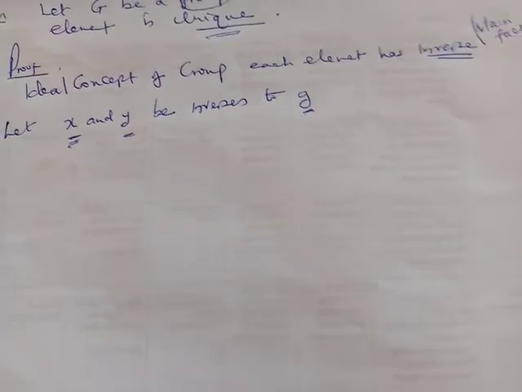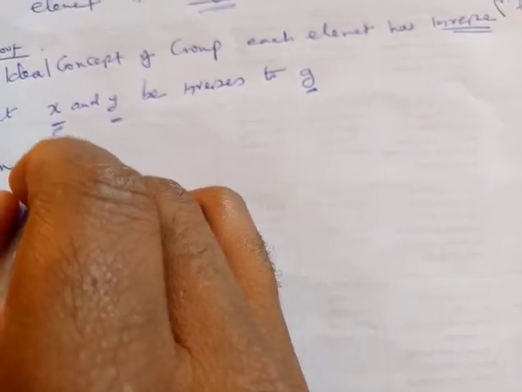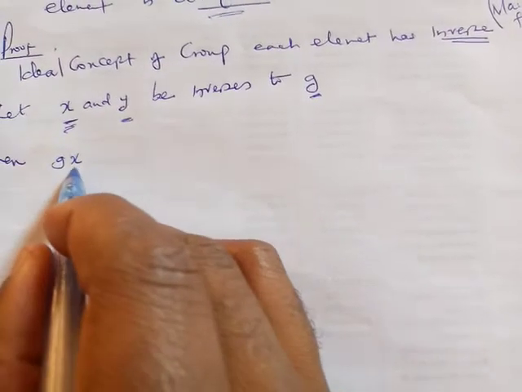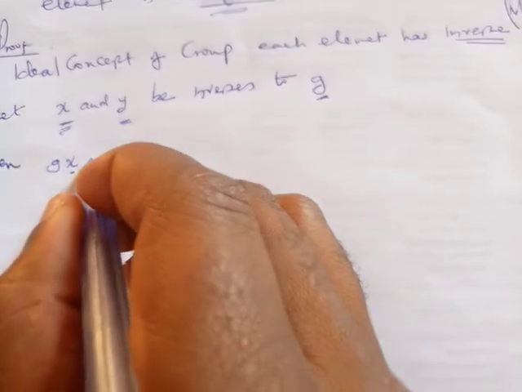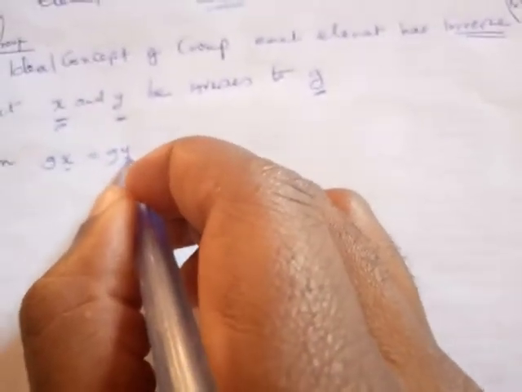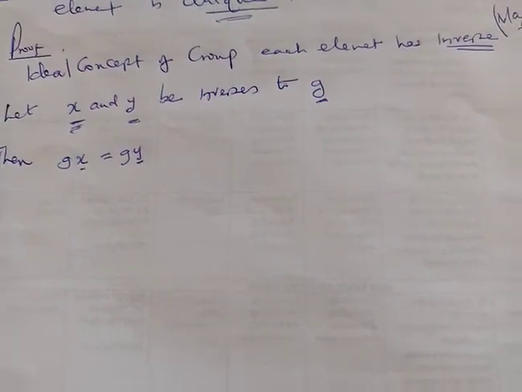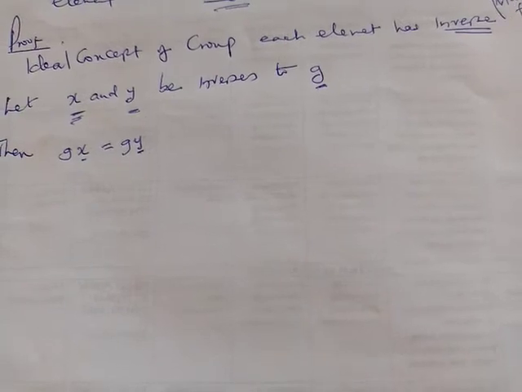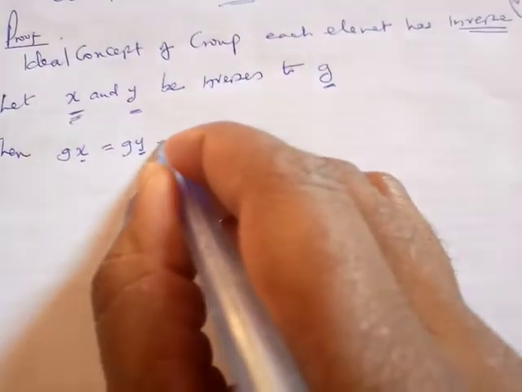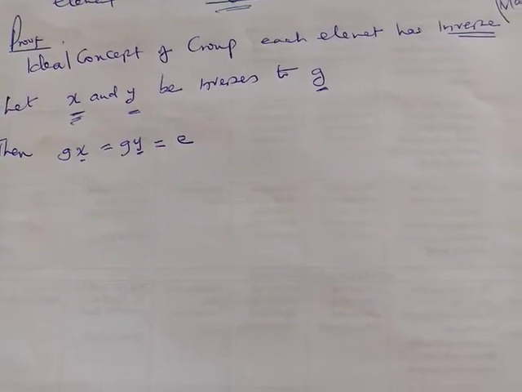So this tells us that we can get Gx. Remember, X here is our inverse, and we do Gy. Remember, Y here is an inverse. If you get an element and you do an operation with its inverse, by law you get the identity. So that's a fact. We all know that.